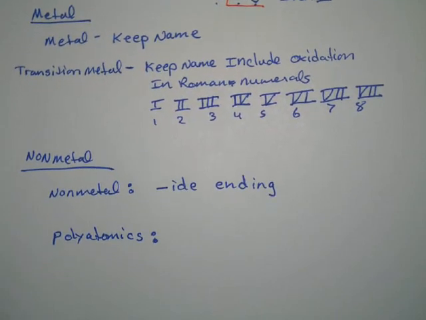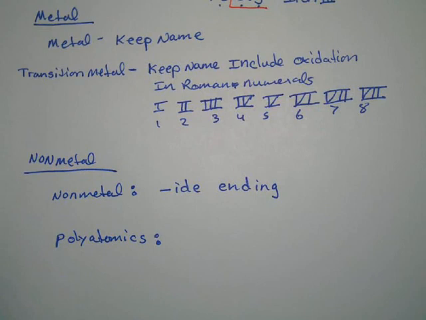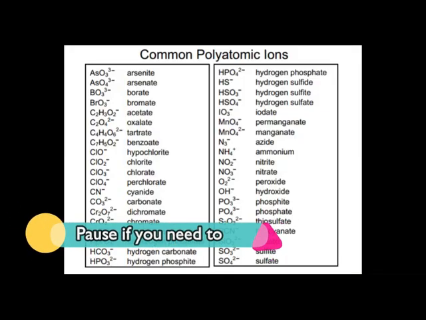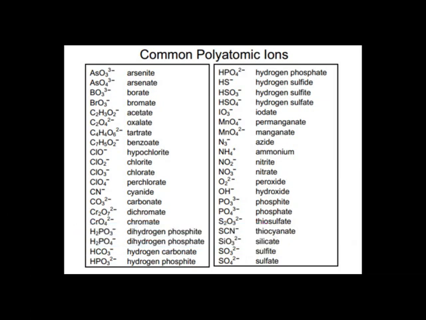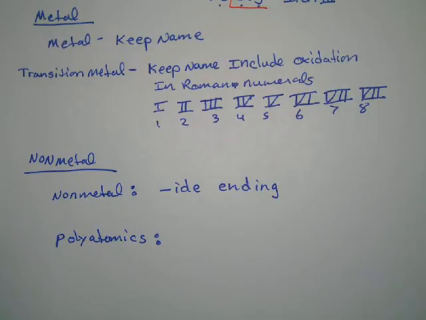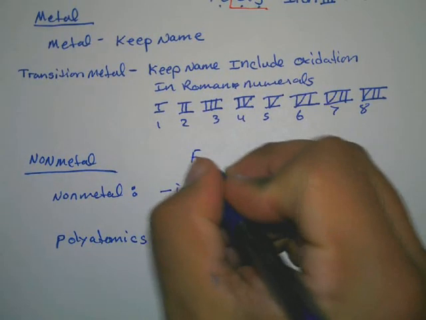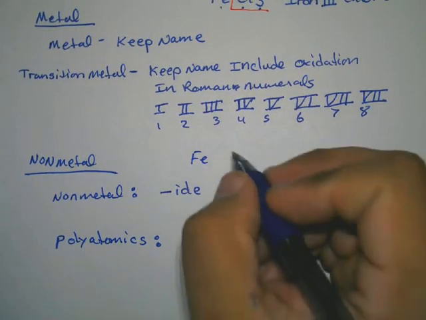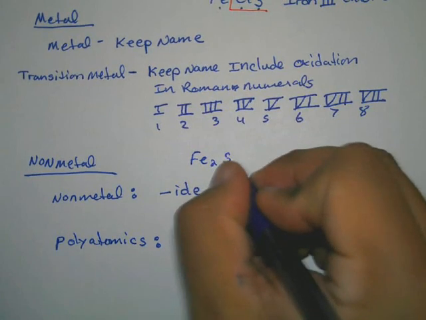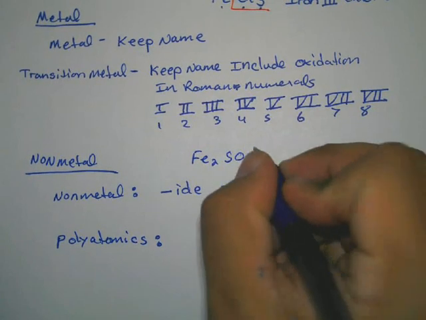Okay? Polyatomics, here I'm going to show you a list of polyatomics here. So those are your polyatomics, and as you see, there's many different polyatomics. So let me give you an example here. Let me give you iron again, and we're going to do sulfate, SO4, 3, okay?